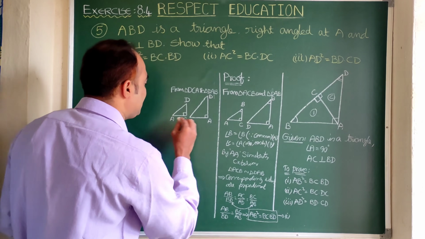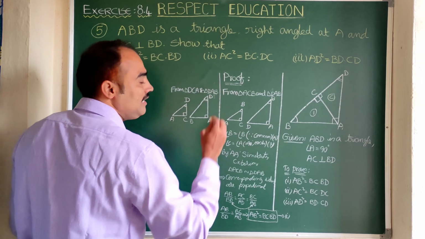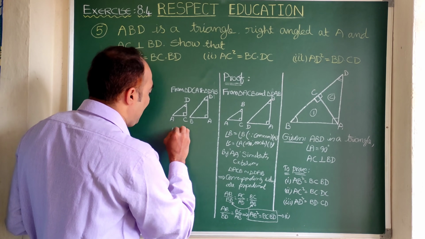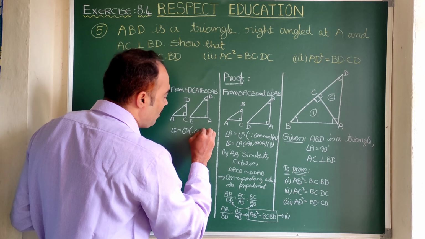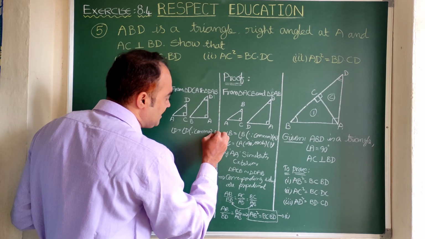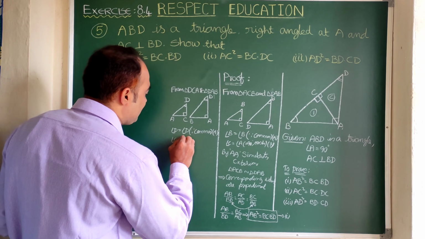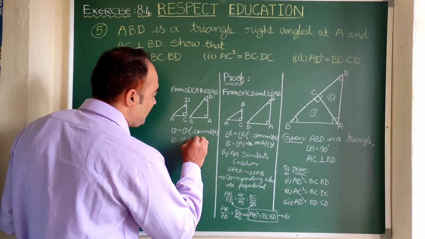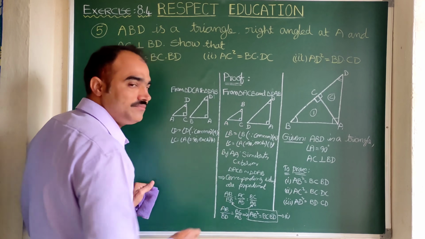Now let us compare these two triangles. Angle D and angle D is the common angle, so we can write angle D is equal to angle D, since it is common. These are a pair of angles. Next, angle C is equal to angle A, 90 degrees each. This is another pair of angles.